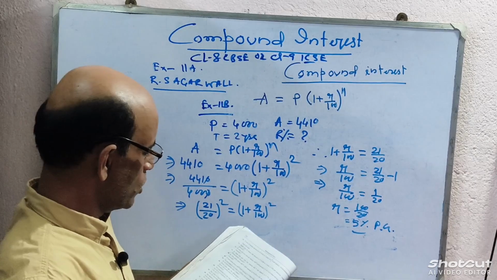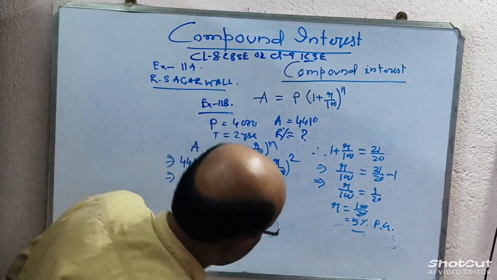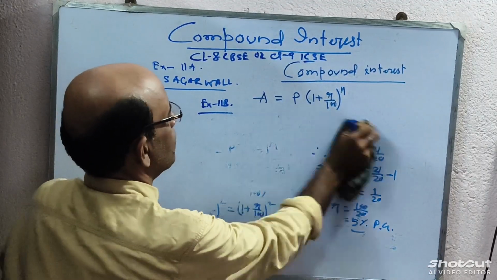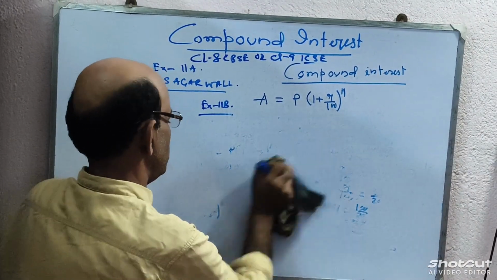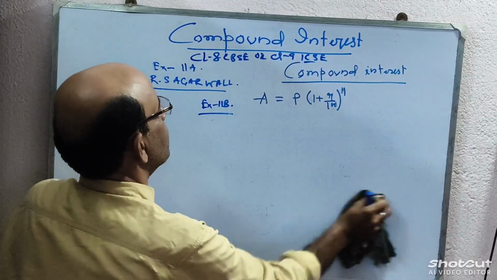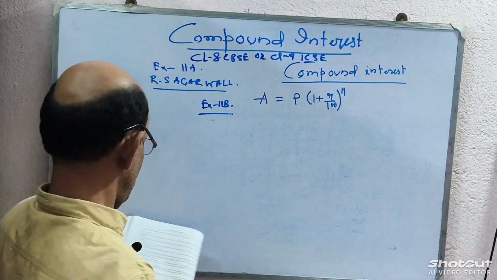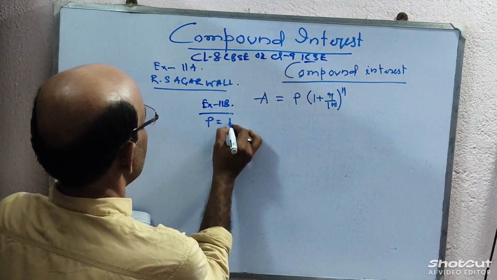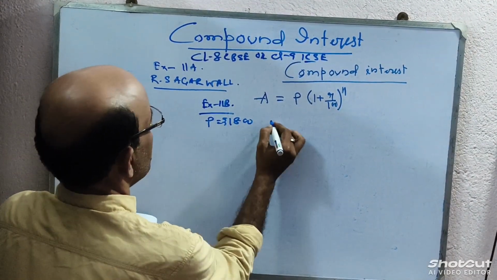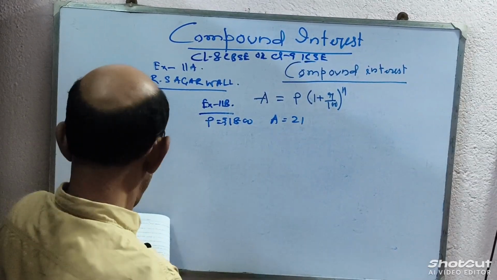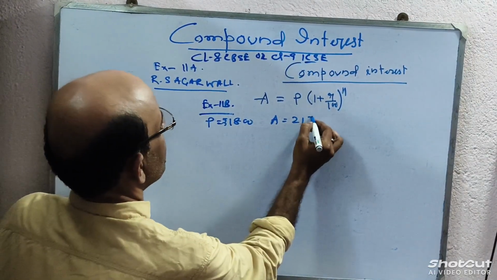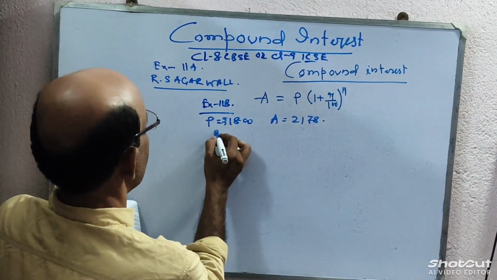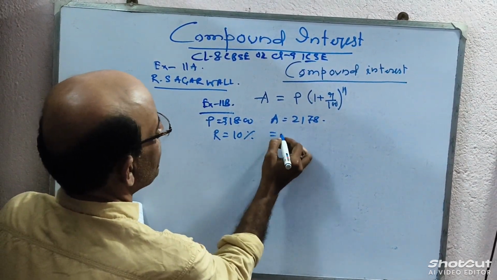Principal is equal to 1,800 rupees, amount is equal to 2,178, rate is equal to 10%.